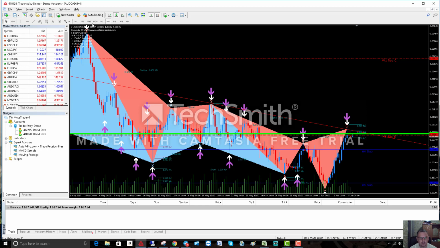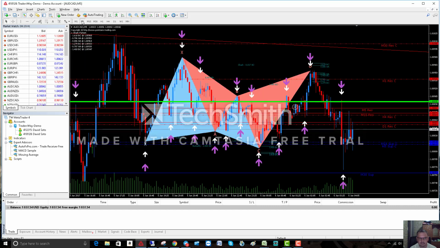So for entry point, I look at the M5 and M15, even the M1. These three charts right here. If you look at the M5, what I did was I had the price come in.